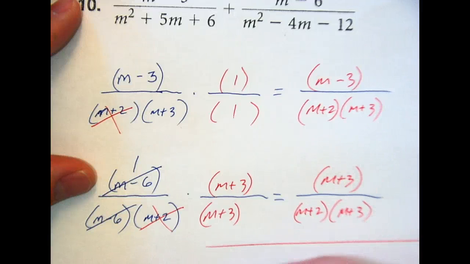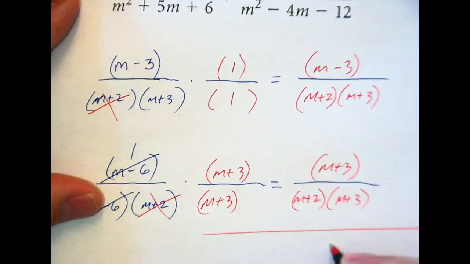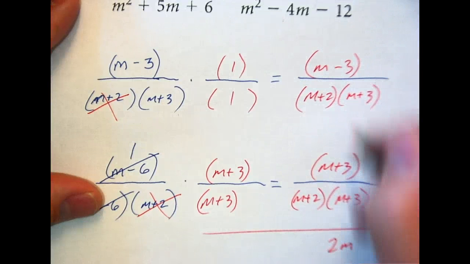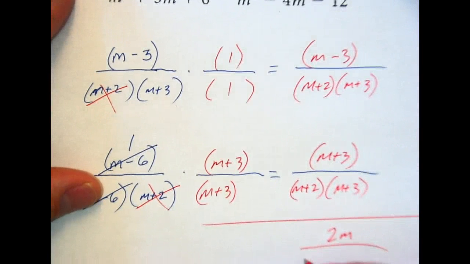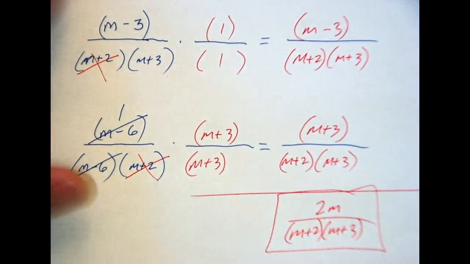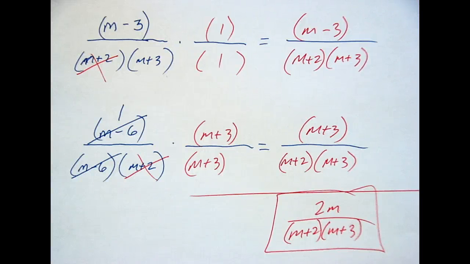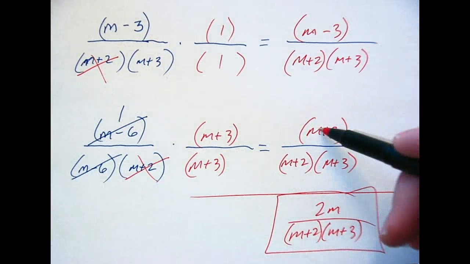So how many n's? 2 n's. Negative 3 and 3 is 0. Why is it 2n? 1n plus 1n. So we're adding, right?